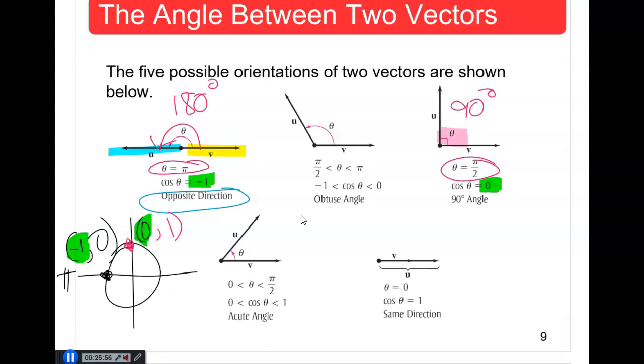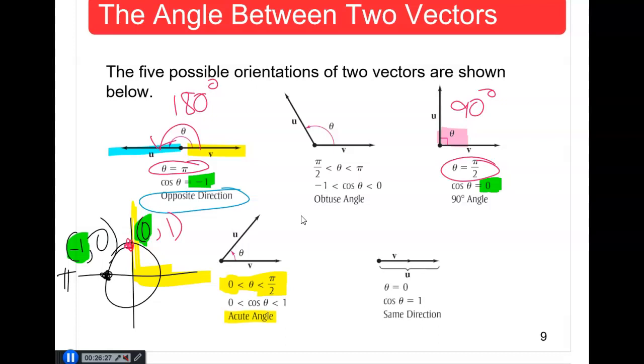Of course, we could have some in between. If we look at the area here of the first quadrant, we could have angles that are greater than 0 but less than pi over 2, or greater than 0 but less than 90 degrees. So those acute angles, that's what we call them, are located in quadrant 1 with respect to the Cartesian plane.